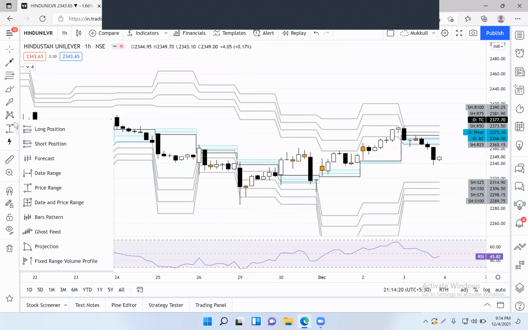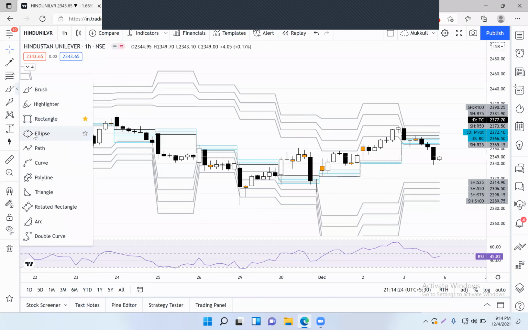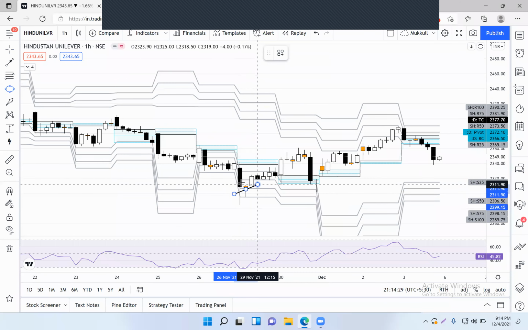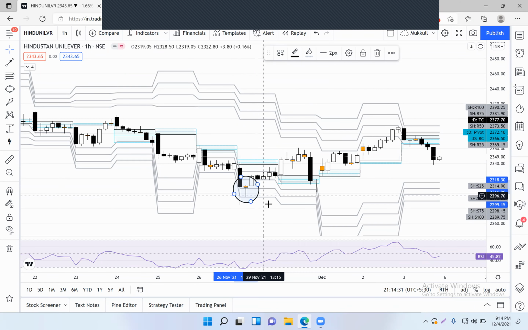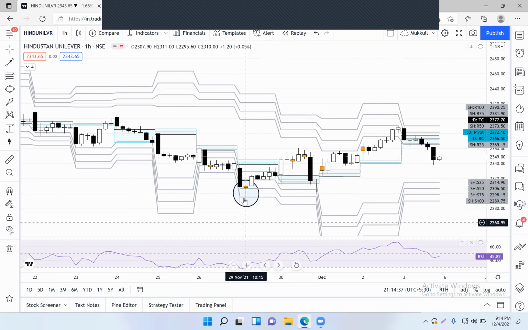I said that reversals can be stronger if you find these kind of reversal candlestick patterns, right? So ultimately, you found a hammer-like candle here.